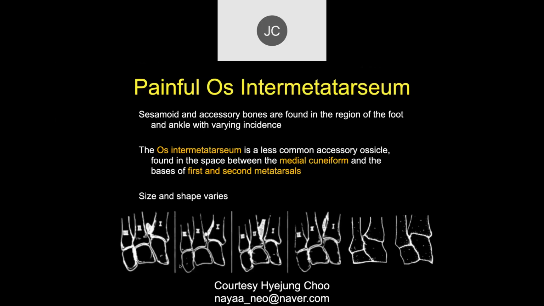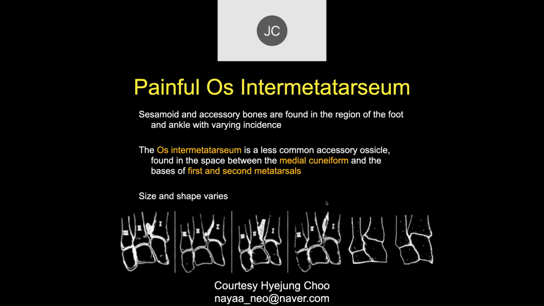And then this was a painful os intermetatarsum. You can see there can be a lot of different locations. I think it's very hard to work these up with just plain radiographs. I think CT is actually pretty difficult as well because you don't see the bone edema to see whether it's actually significant or not.